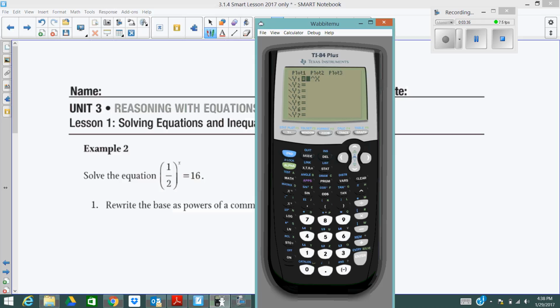So we go to our y equals 1/2 in parentheses to the power of x. We take a look at our table, and what do you notice? They keep getting bigger and bigger. Hopefully we were smart enough to realize that we actually needed negative exponents. So there's our answer, x equals -4.